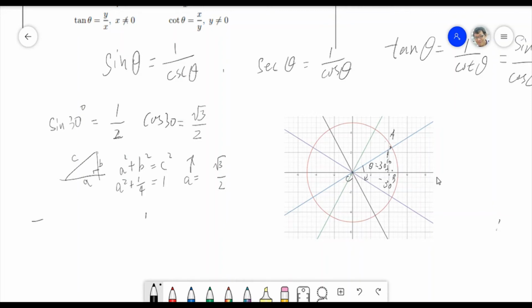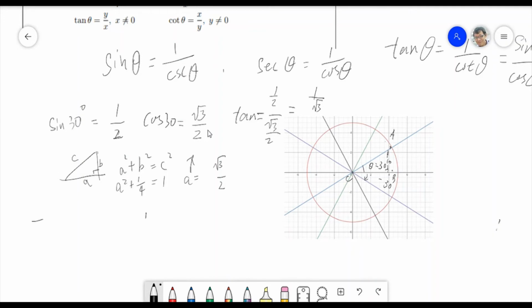How about tangent? Tangent is sine divided by cosine. All right. Sine divided by cosine is equal to 1/2 divided by square root of 3 over 2. So it's the square root of 3 over 1, right?